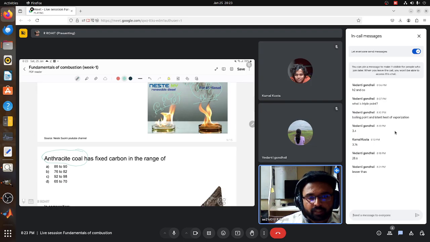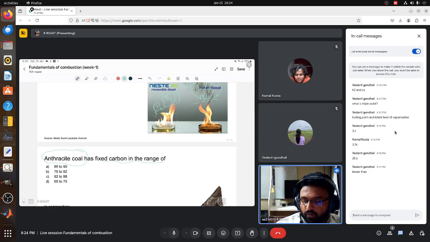There is some specialty for this anthracite coal. What could be the range of this?